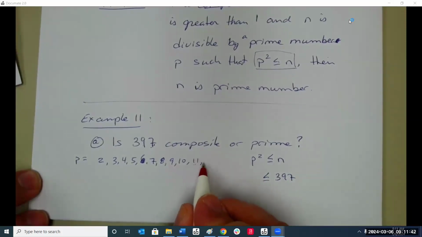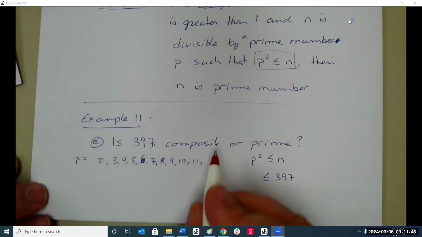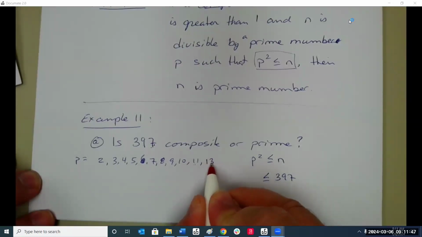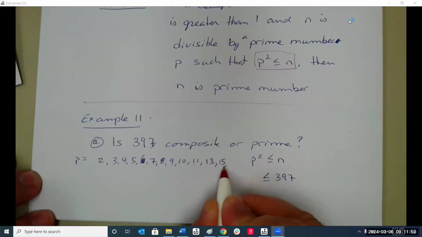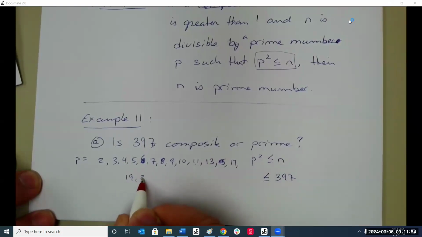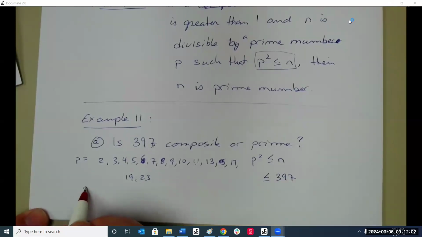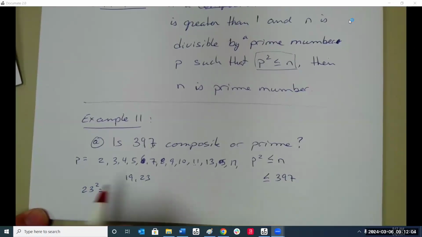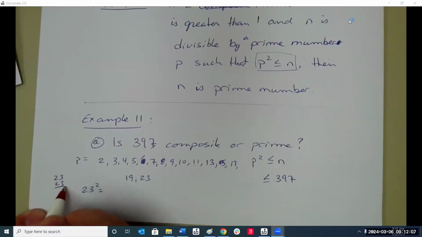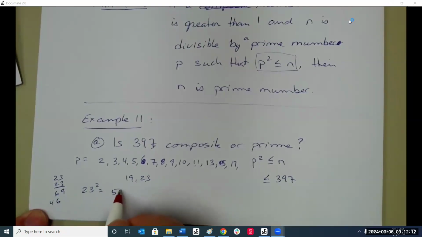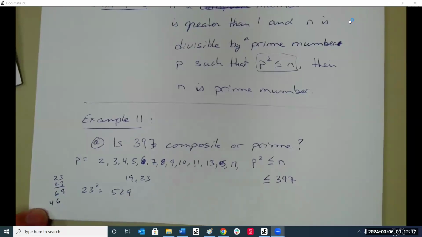Okay, now from 11, we don't have to do 12. We're just looking for the prime numbers now. Is 13, 17, 19, 23? Well, 23 is too far, because if I square 23, I get 529.